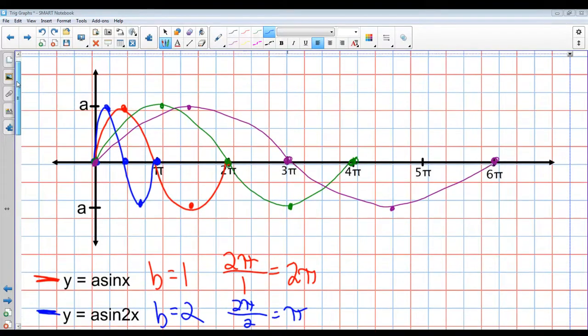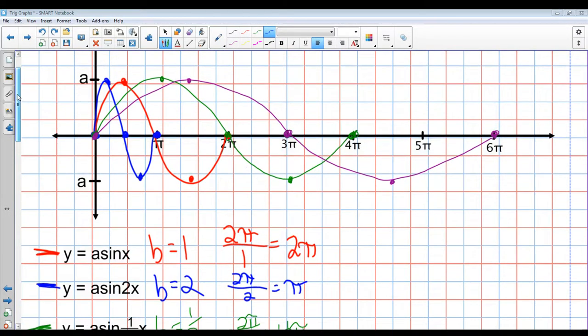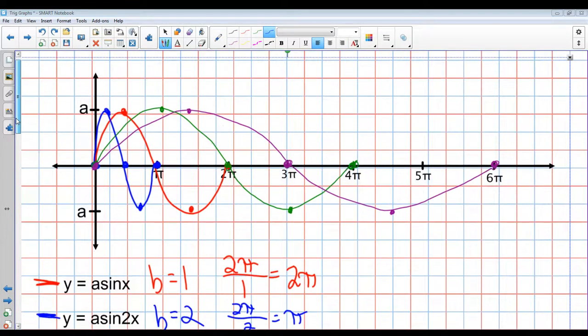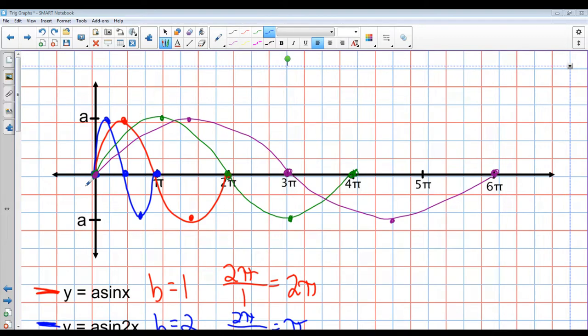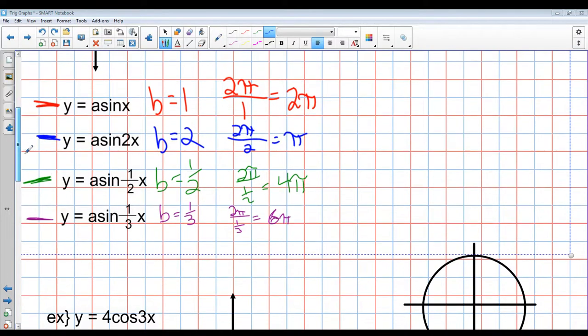So we kind of looked at how the B value affects our graphs. I think we should have had time to get to this last class. If not, we'll do it next time. You know what, if we didn't have time to do this, why don't you guys try this on your own? If we didn't do this in class, you can take a look at my notes here. Try to graph these on your own, but you can see each of these has a different B value. So the B is 1, B is 2, B is 1/2, B is 1/3.